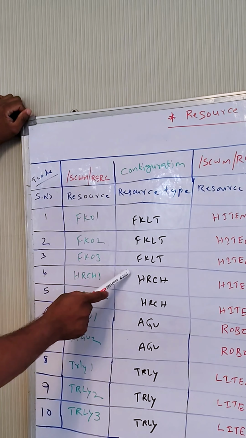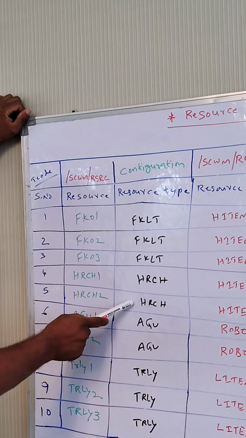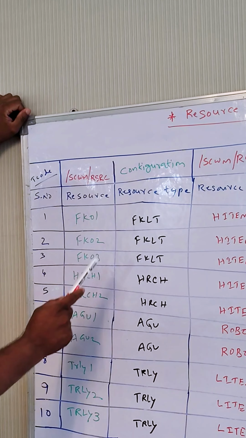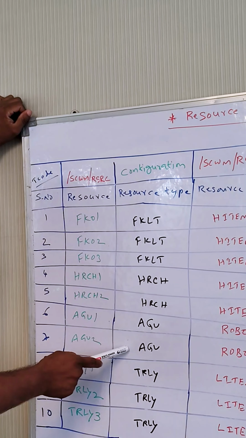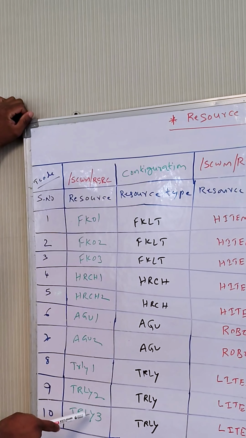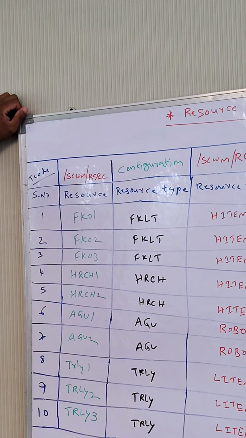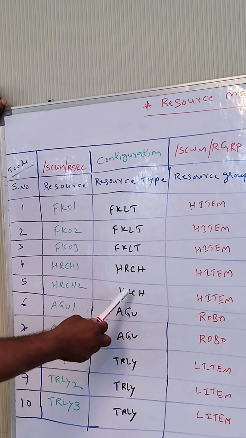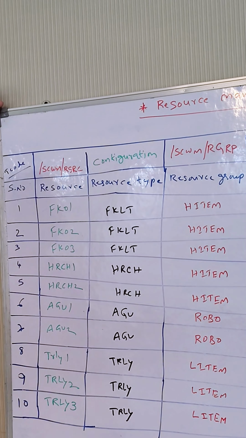These high reach trucks we are going to define under HRCH, automated guided vehicles under AGV, and the trolleys 1, 2, 3 under TRL resource type. So in total, 1, 2, 3, 4 resource types we are defining.